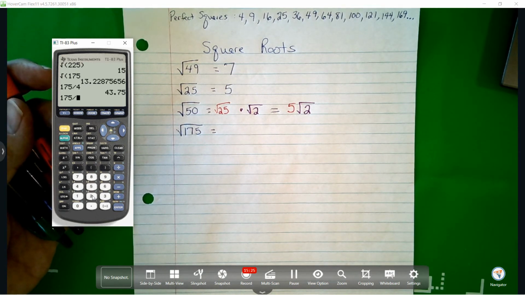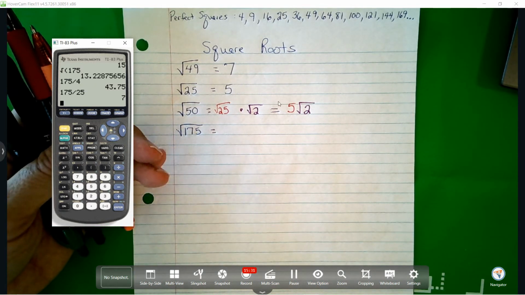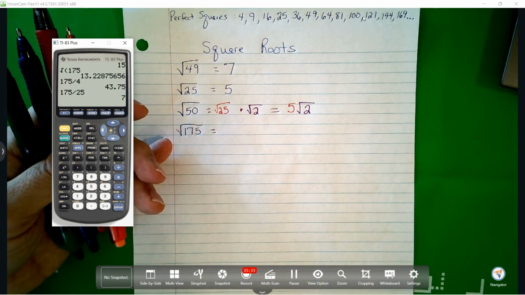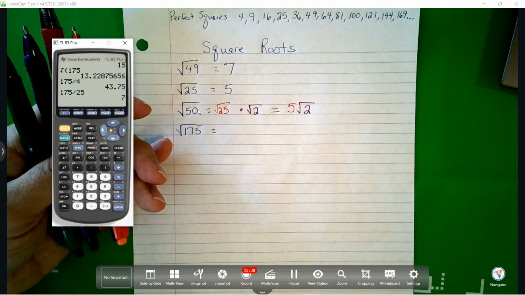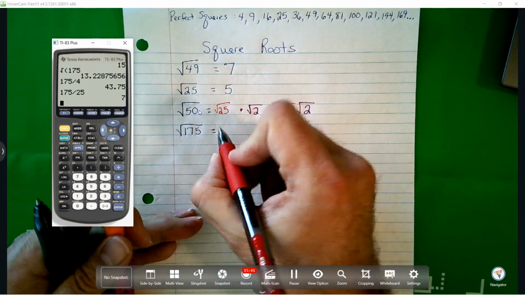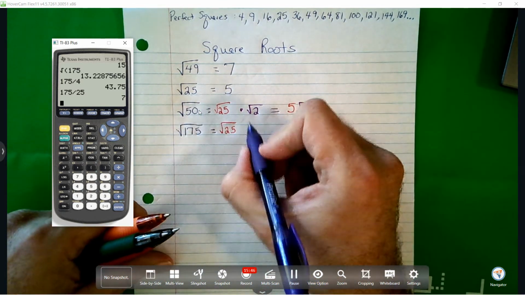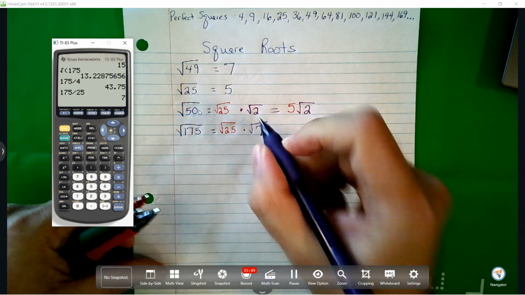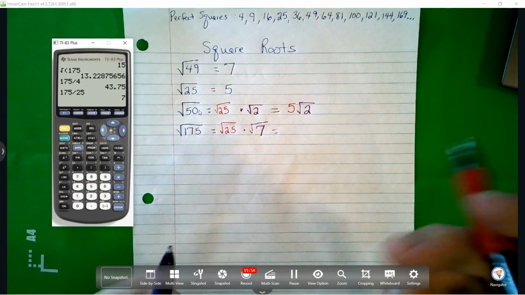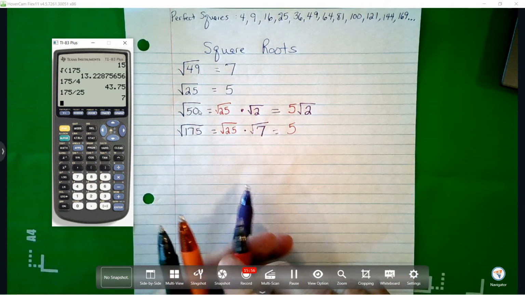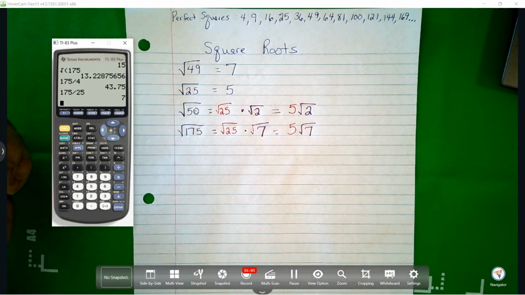Let's see, does 25 divide into 175? Yes, by 7. You could play around and see if any of these, 36, 49, no number bigger than 25 divides into 175. So we'll write this as 25 times 7. The square root of 25 becomes a 5 square root of 7. 5 square root of 7.